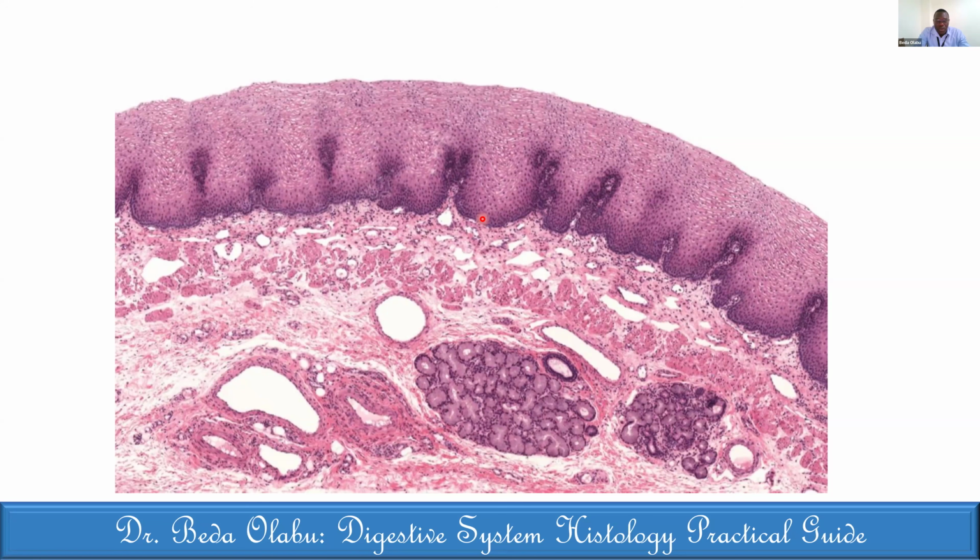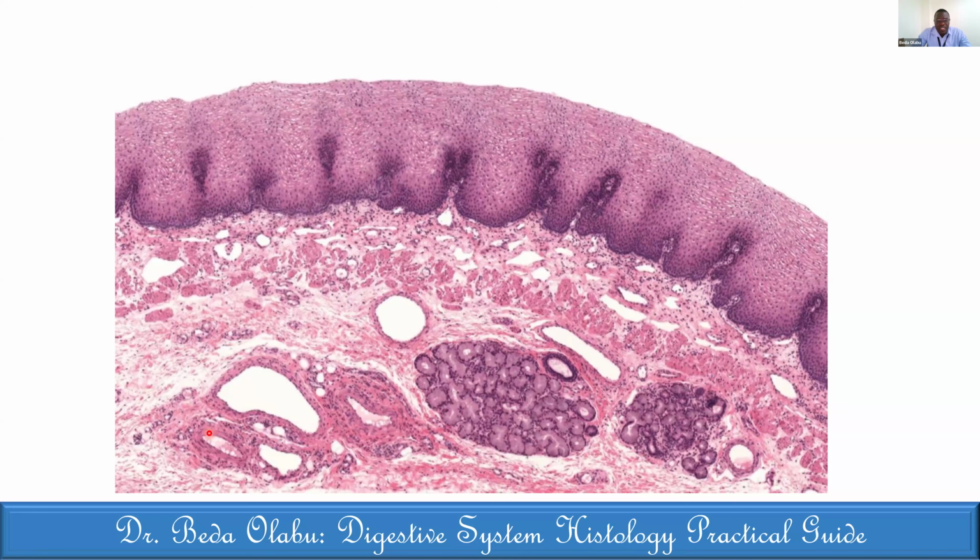You are remaining only with oral structures, pharyngeal structures, esophagus, and the anus. Then, boom, we can see glands in the submucosa. These are the glands of the submucosa. The presence of glands in the submucosa tells you this is now esophagus, nothing else.